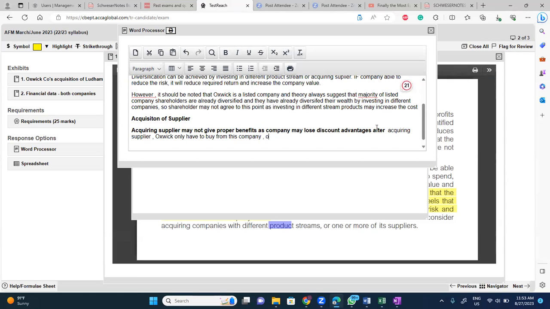Oxwick will lose its negotiation edge, as previously Oxwick could negotiate with a number of different suppliers and get the minimum cost. Okay.